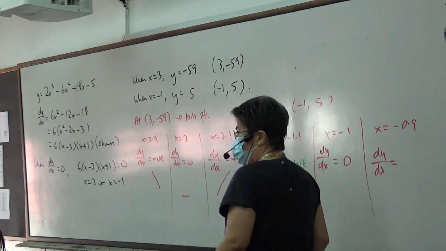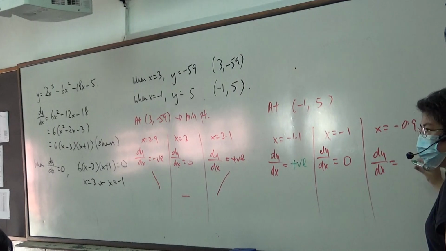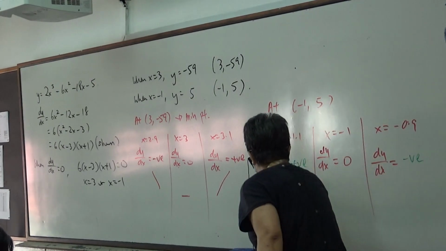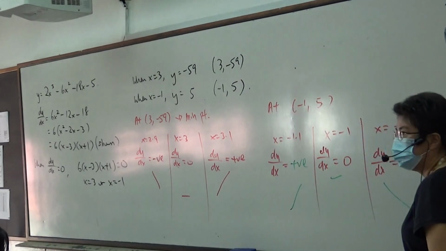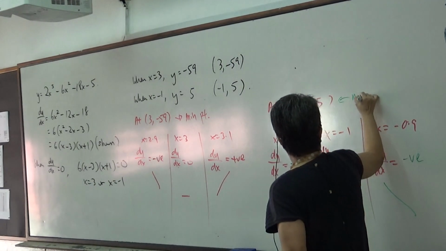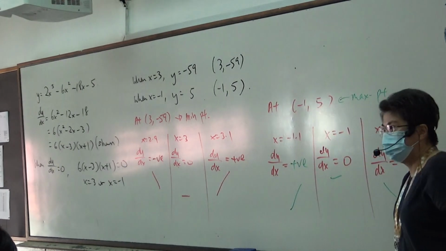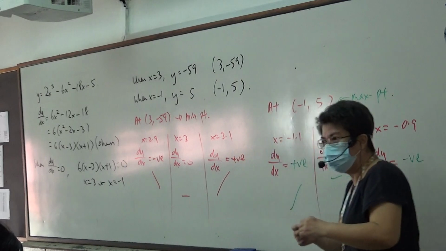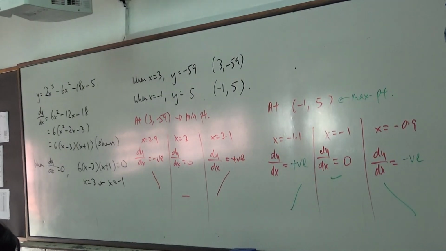This is a positive, am I right? How about here? It's a negative, correct? So it's like this, like this, like this. So what is this? Maximum point. So when they specify that you must use the first derivative, this is the first derivative method. Everybody clear?